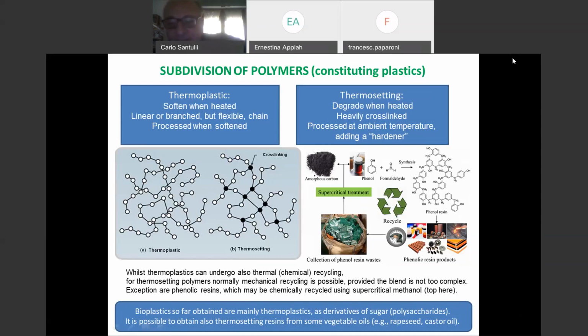The worst bit is the collection of phenol resin wastes, because they are used in construction and still a lot in furniture, but it's quite difficult to collect them in large amounts and to have this kind of treatment, to extract phenol again, carry on the project again, and amorphous carbon, which you might use anywhere. It's also inert, so you might include it in cement or asphalt.